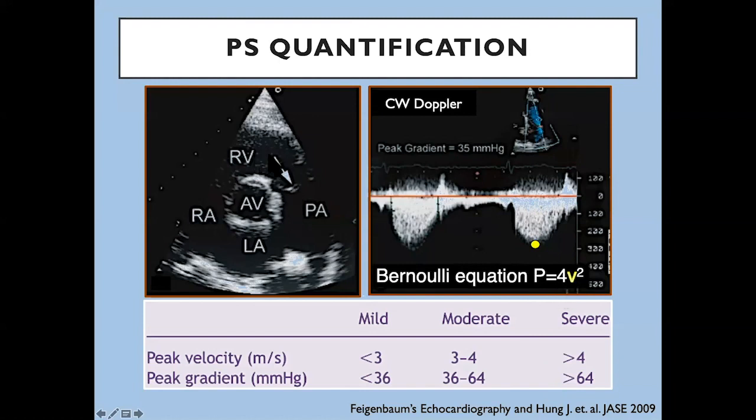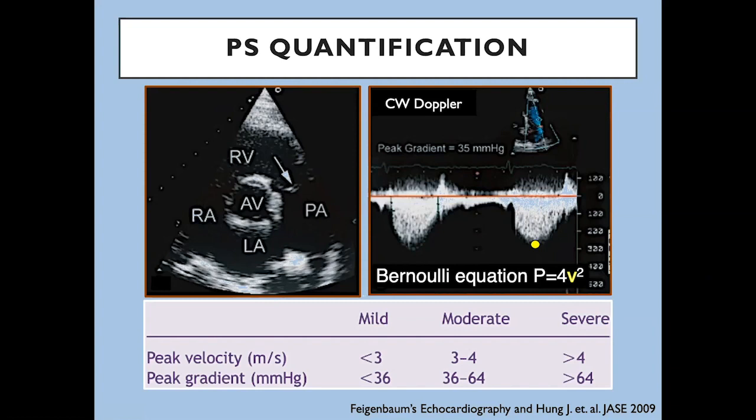So in adults, this is actually readily performed from the parasternal short axis view here. Sometimes, however, you need to find the highest PS velocity from the subcostal view. That is harder in adults, but it sometimes happens that the highest velocity is there.